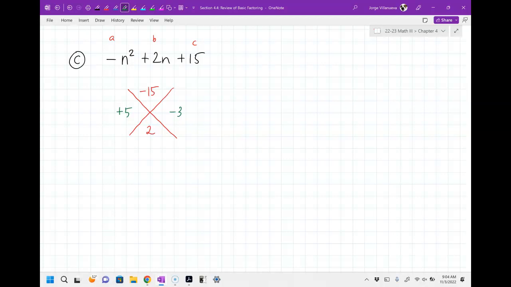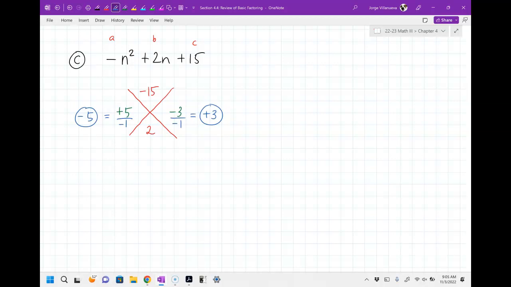Now, I'm supposed to be done, but I have to divide by A. So that comes out to negative 5 and a positive 3. So that's not the difference. Well, you can do that little piece.